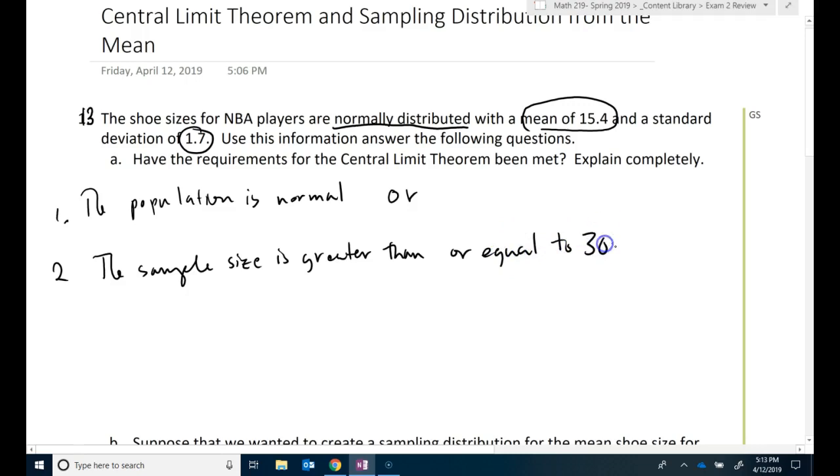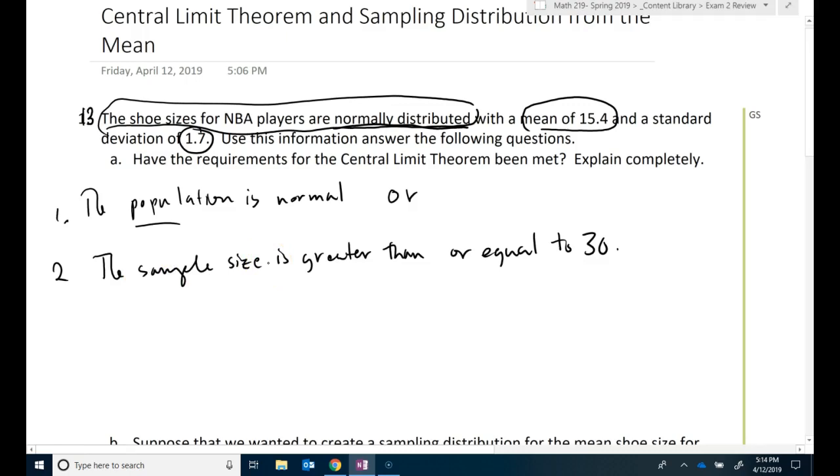What that means is this. If we know the population is normal, which in this case we do, the shoe size for NBA players is normally distributed, so all I have to say is that the shoe sizes for NBA players are normally distributed, so the requirements for the central limit theorem have been met. Or we know that the sample size n is greater than or equal to 30.